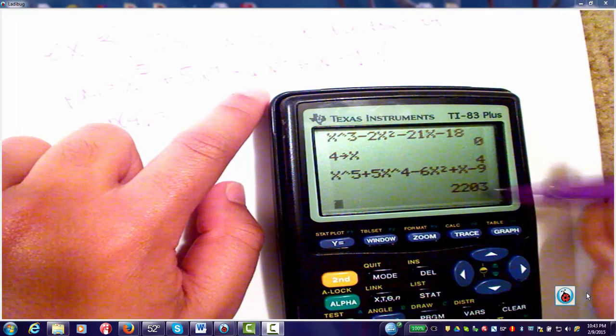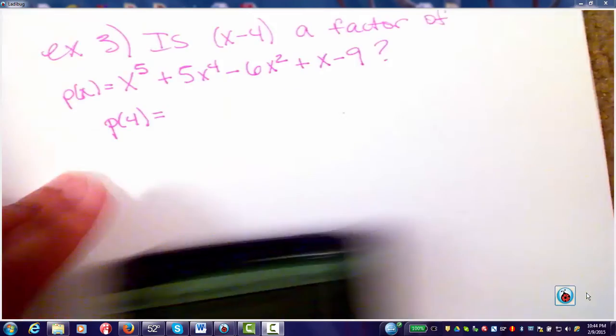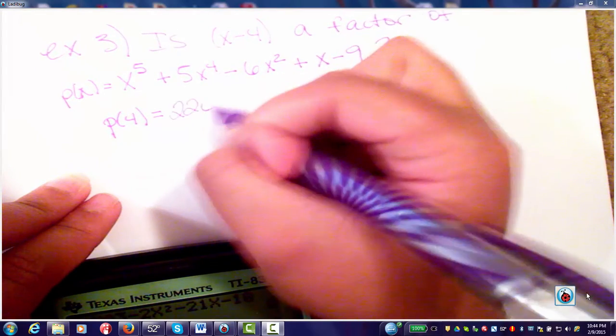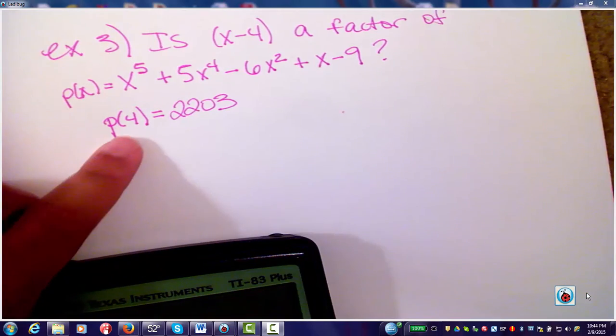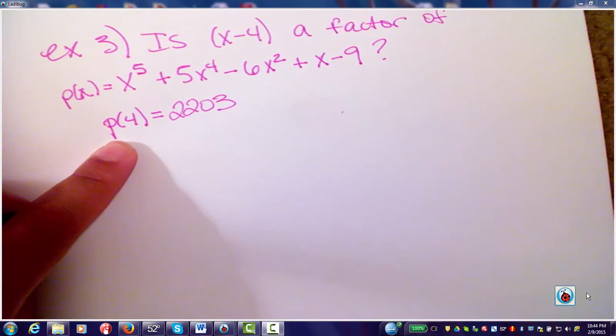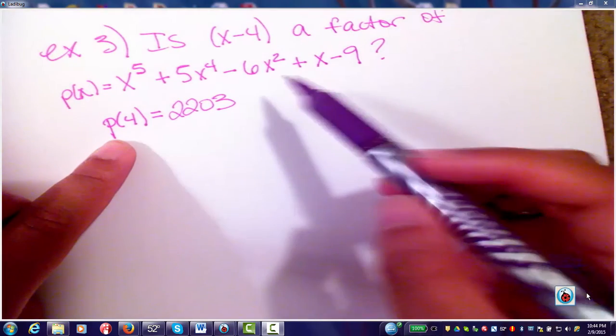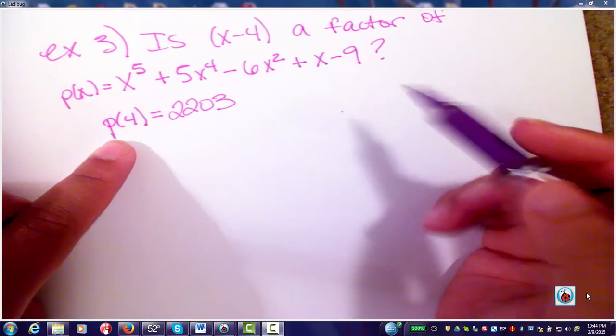So we get a remainder of 2,203. Which means that x minus 4 is definitely not a factor of x to the 5th plus 5x to the 4th minus 6x squared plus x minus 9.